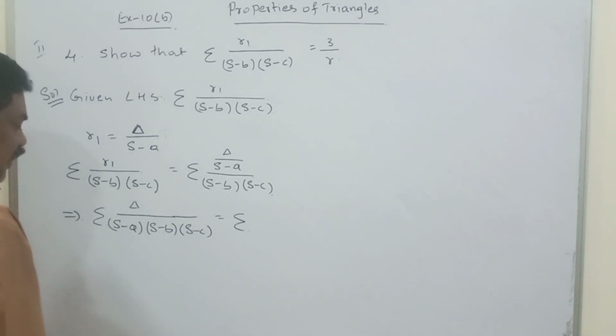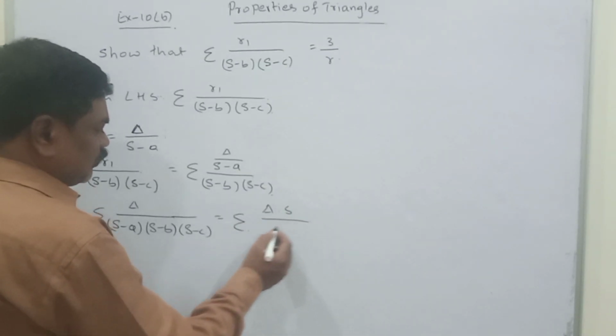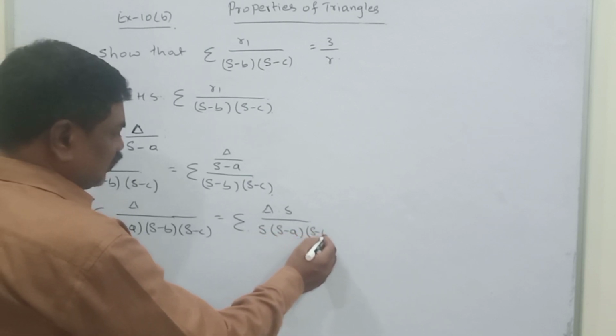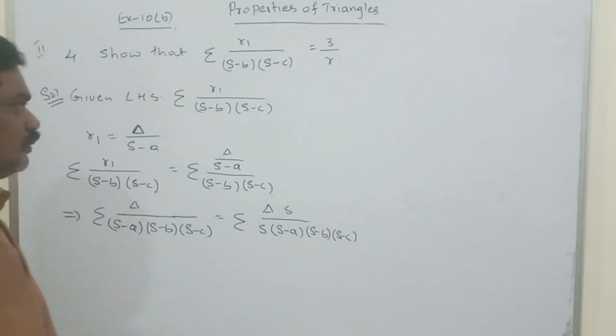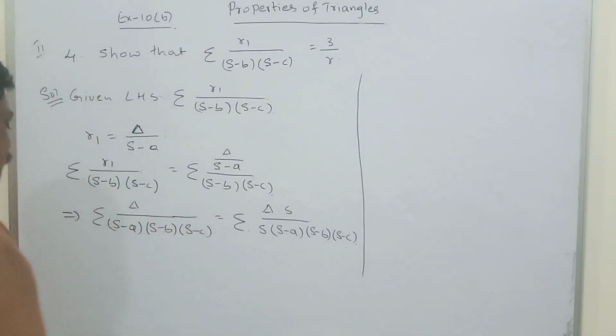This can be written as delta into S by S into S minus A, S minus B, S minus C. Then we know the formula.